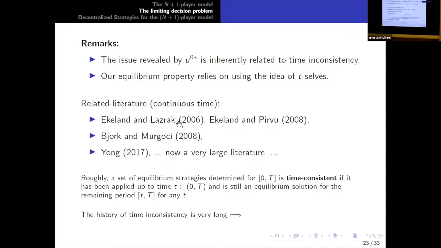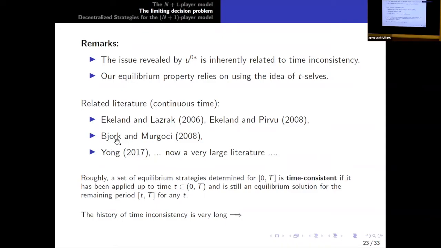Okay, so in the papers of Ekeland, they deal with optimal control problems with non-exponential discount. Okay, and the work of Yang is for mean field type optimal control problems, which do not have time consistency.